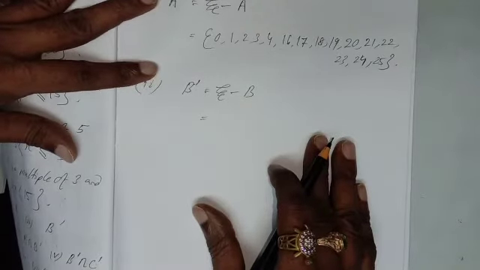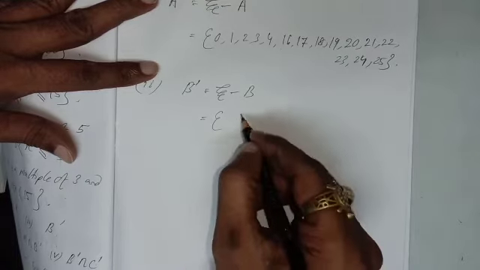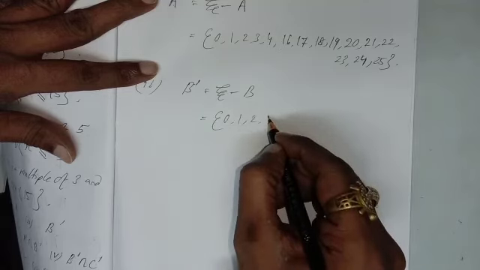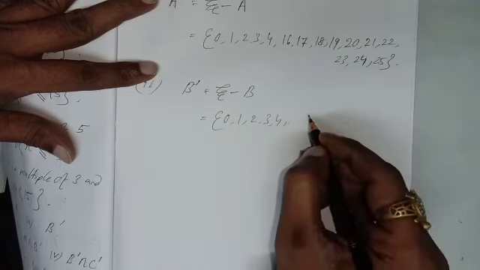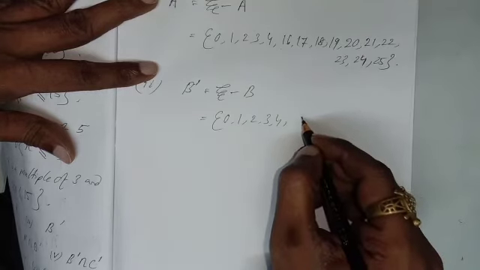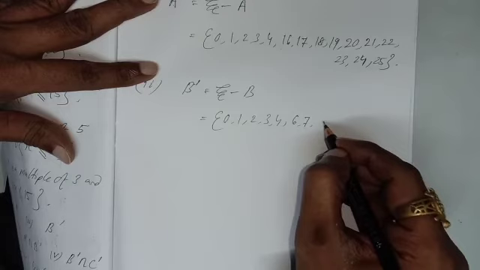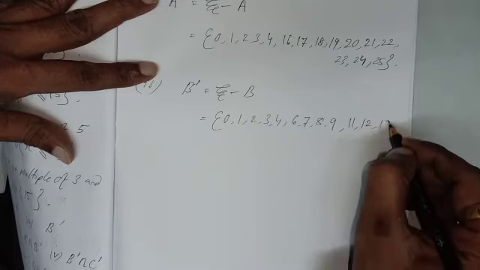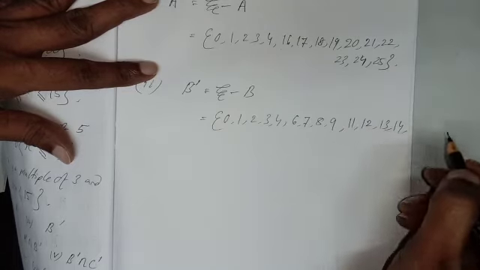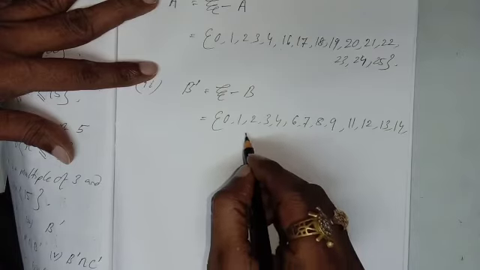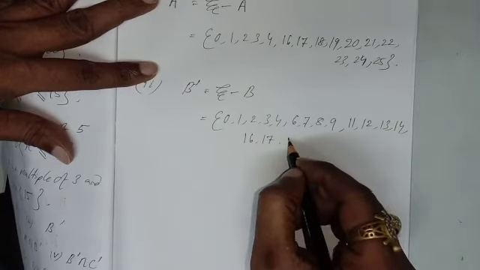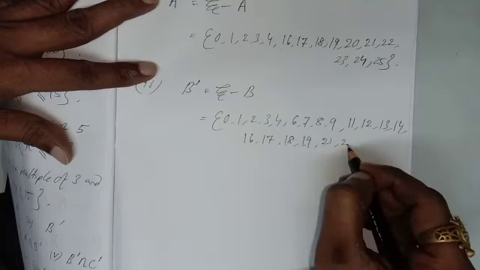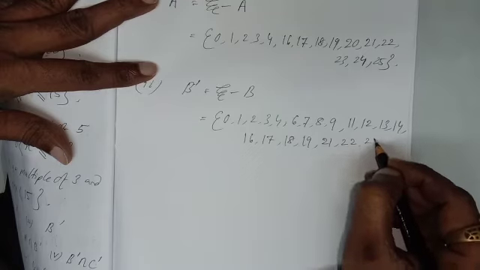Universal set is given 0 to 25 and B is given the multiples of 5. That means 5, 10, 15, 20. You have to omit them from the universal set. The remaining numbers you have to write. That is 0, 1, 2, 3, 4, then 6, 7, 8, 9, then 11, 12, 13, 14, then 16, 17, 18, 19, 21, 22, 23 up to 25.